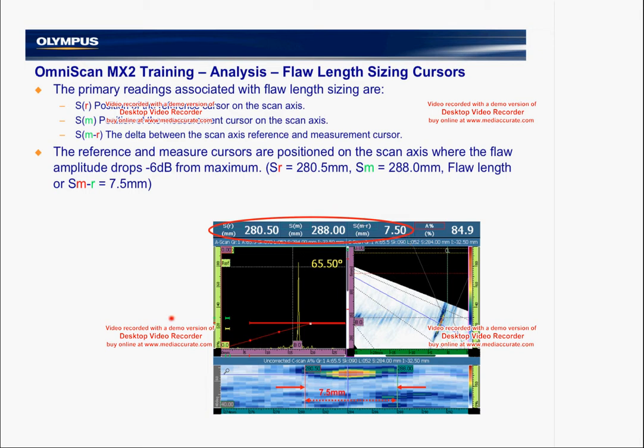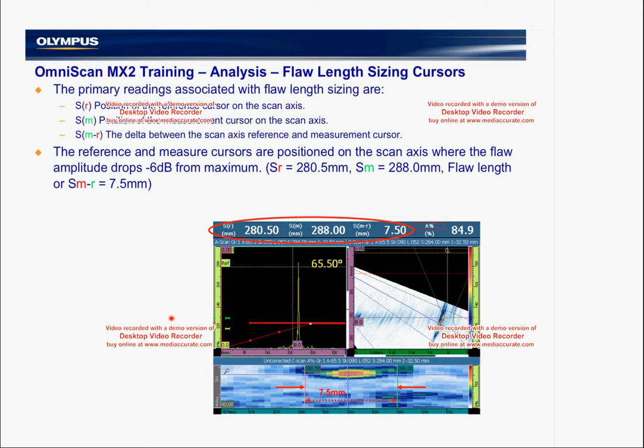So there are several methods for where I place those cursors exactly. Depending on your procedure and code, common methods are 6 dB drop techniques, 3 dB drop techniques, rapid drop, and so on. I get asked this question often in my training classes: what is the technique I use for length and depth sizing?